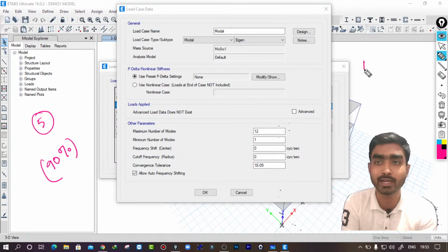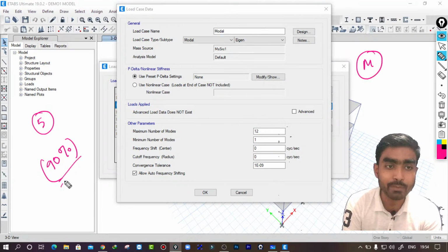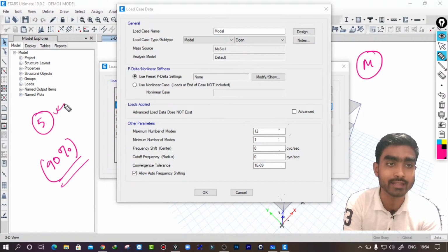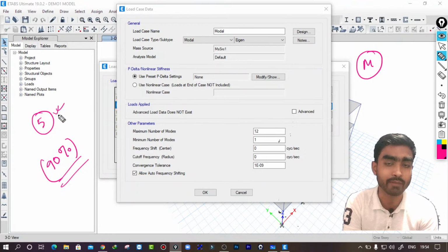That means of the mass matrix you have created, at least 90% of the mass should participate while creating the first 5 modes.